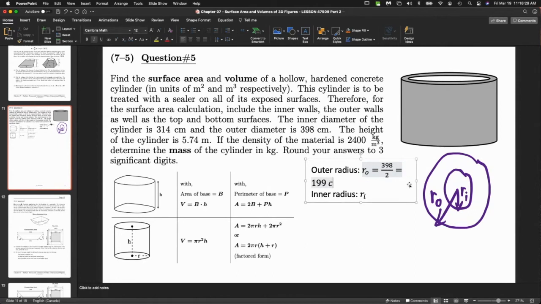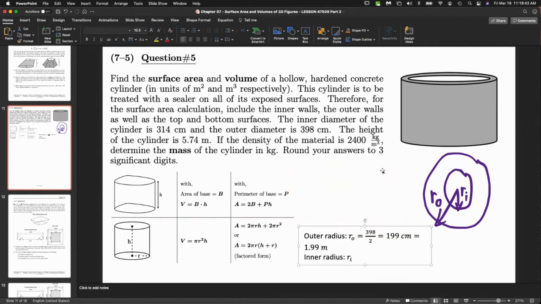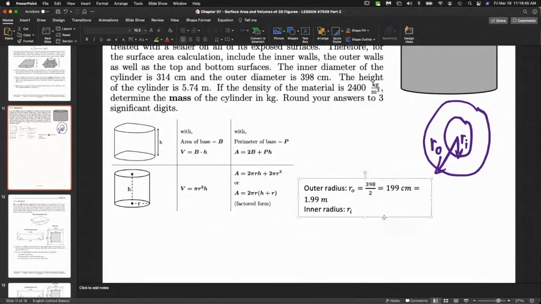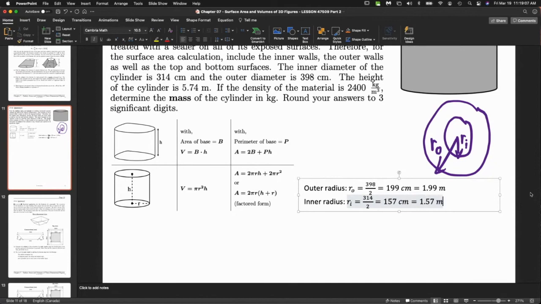So we're going to go with meters, and I think you can appreciate why we would want to go with meters, because the question involves density later, so it's better to have the volume in cubic meters. So that's going to be 1.99 meters. Let's speed this up a little bit. The inner is 314 divided by 2, which is 157 centimeters, or 1.57 meters.